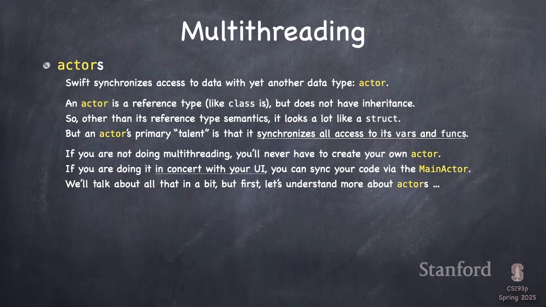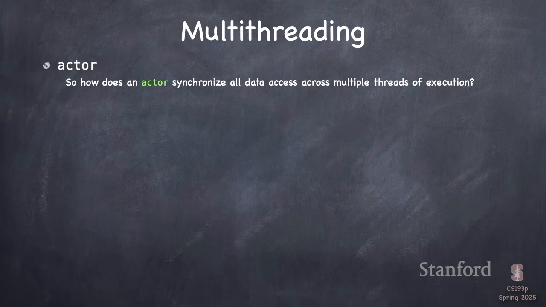The MainActor is the actor that the entire UI runs on. And you can use it to synchronize your own code for simple synchronization. I'm going to talk about that. But before I get into the details of how all that happens, let's talk about actually how actors do this synchronization of all the vars and funcs inside of them.